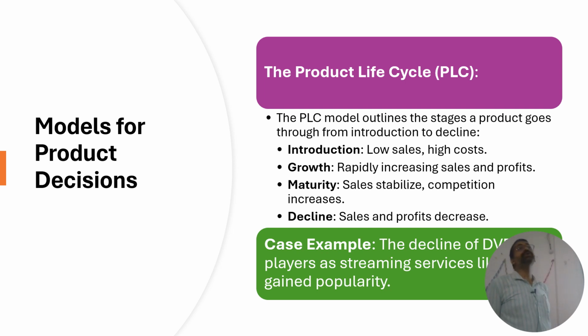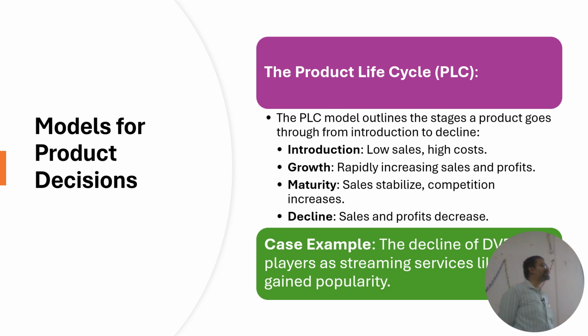From there, you go to the growth stage where sales will increase. You'll become famous, you'll become popular. Then you'll be able to improve sales and get profits. In maturity, there is a point called saturation as well. In maturity, your sales will stabilize. Slowly, competition also rises.